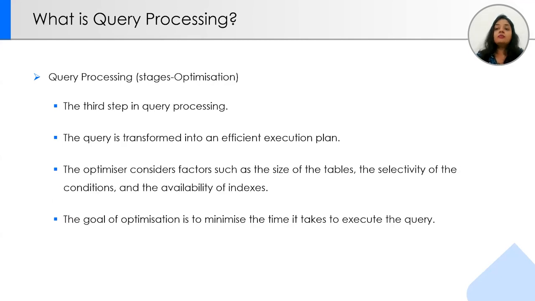The next and the most crucial stage of query processing is optimization. This is the third stage of query processing, and here the query is transformed into an efficient execution plan. So the goal of optimization is basically to minimize the time that the system takes in executing the query. Because we are working in real time and we need quick action.